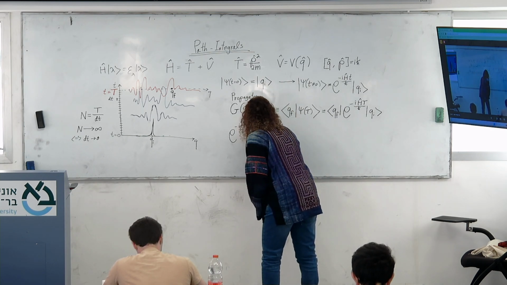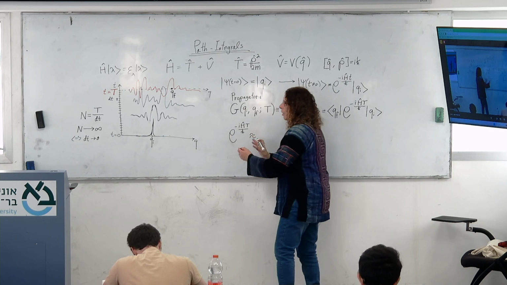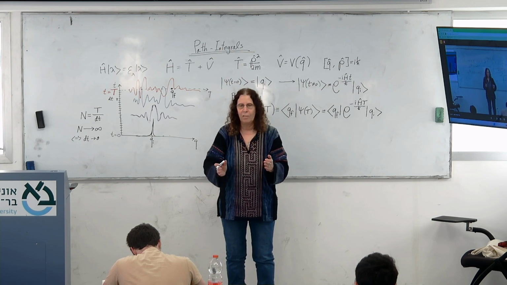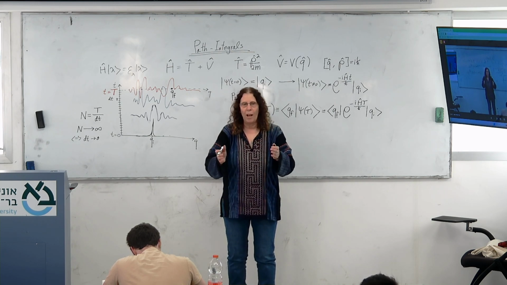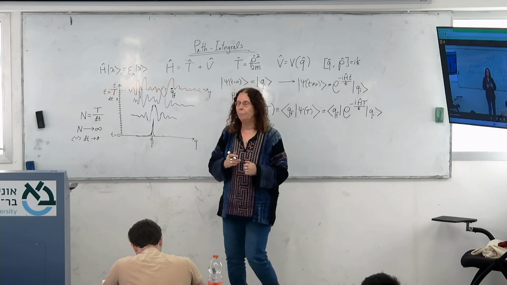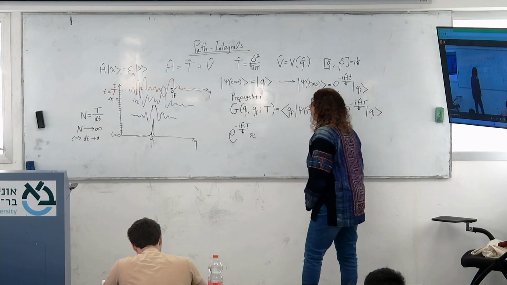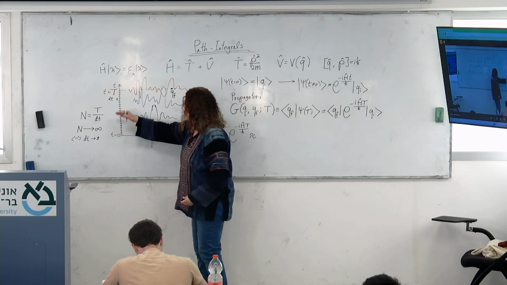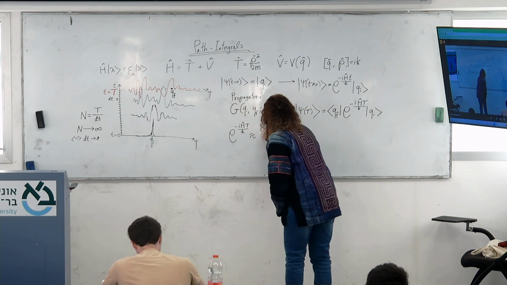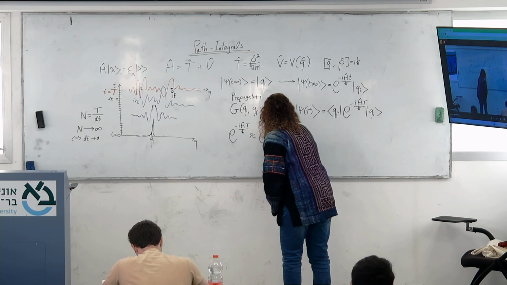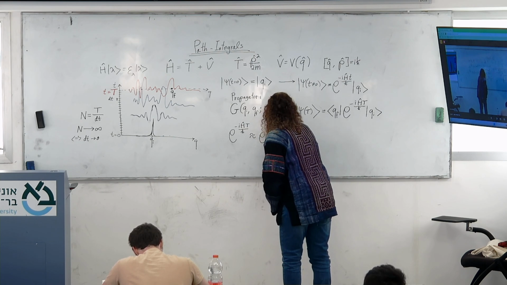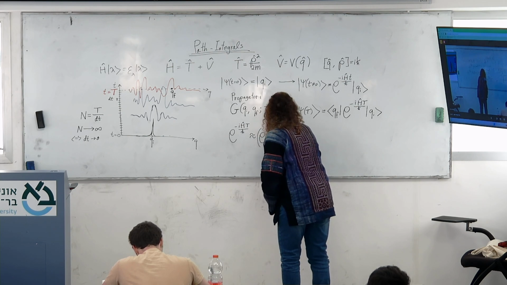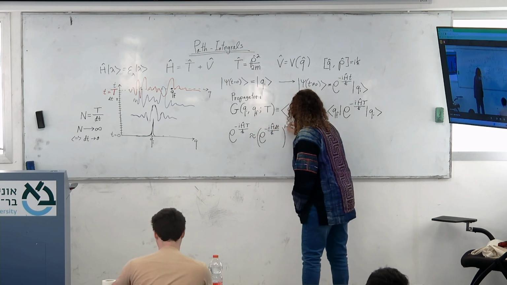I want to look at the full time evolution as a product of time evolutions applied one after another. And because I have n time slices, it's going to be e to the minus i H dt over h-bar, to the power n.